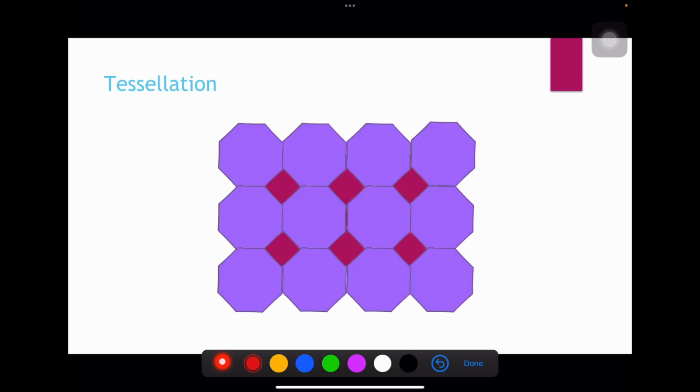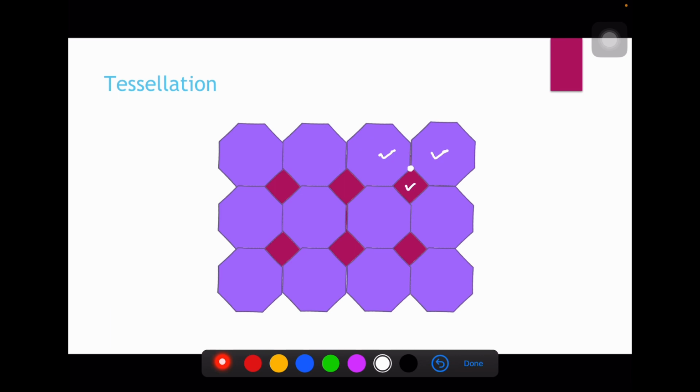Next, this is an octagon. We can see that the vertex is here, and we have 1 octagon, 2 octagons, and a square. So we have 8, 8, and 4.